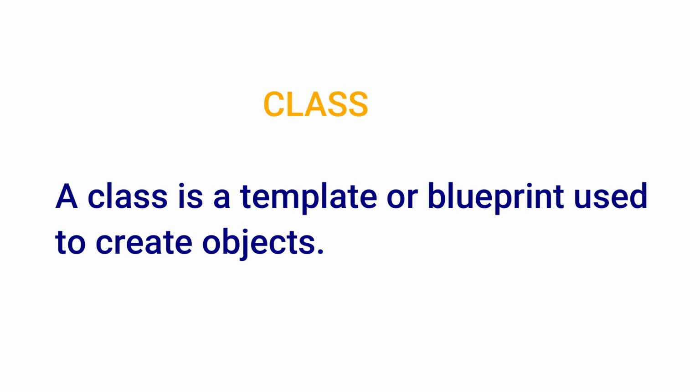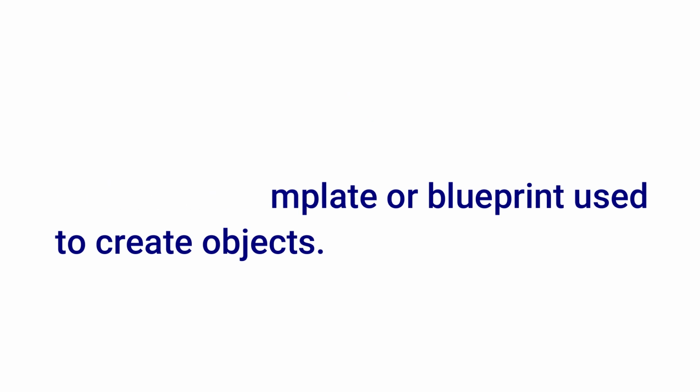I can have somebody like Joseph inside a class, and that Joseph will become an object inside a class called person. I can have another person, maybe called God's will, and God's will becomes an object in that class. So an object is like the real thing that we can touch within a class, while a class itself is like a concept that we use to create the object itself.